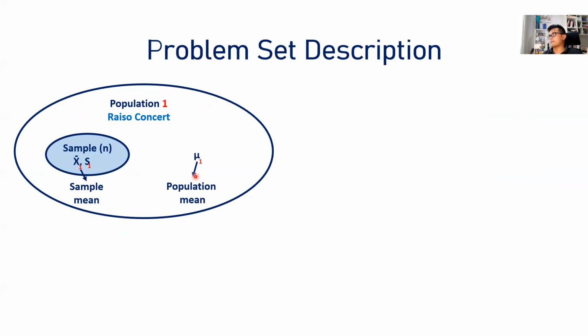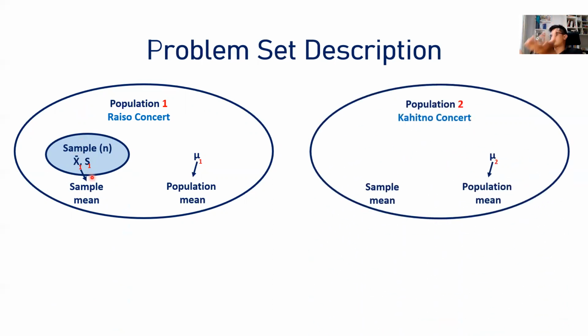To check the mean, we pick several samples out of the Raiso concert, and also from the Kahitno concert. The different marketing booths at different concerts also have sales data, but since the data records are too many, we pick only a sample of data, and then we calculate whether the statistics support the hypothesis claim or not.